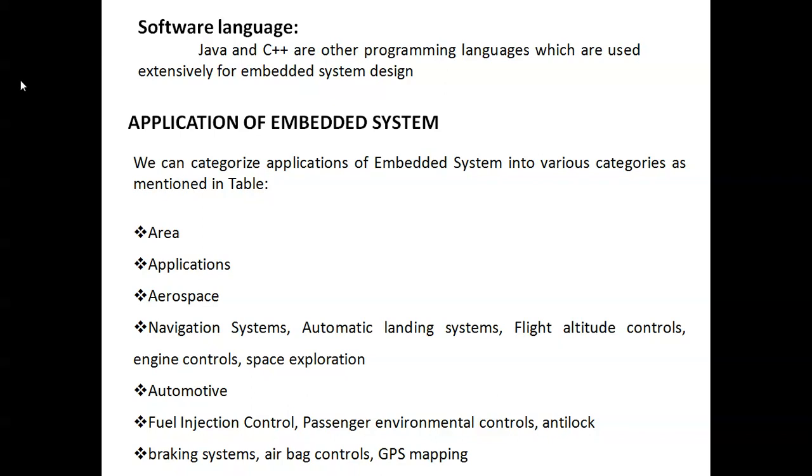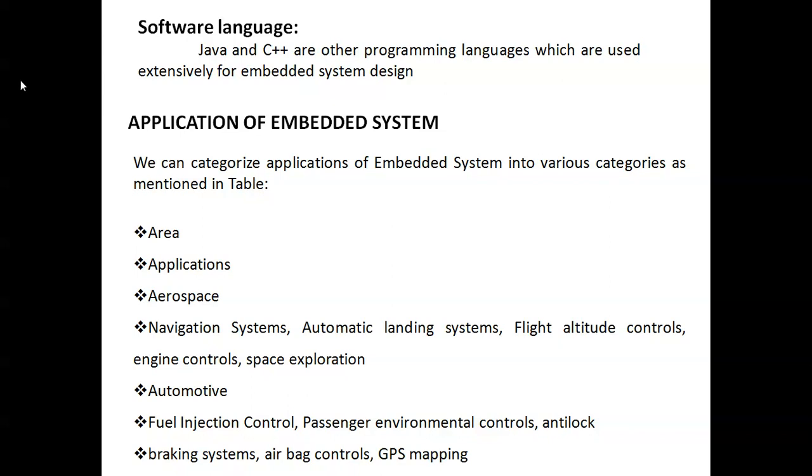Next one, applications of embedded systems. They are categorized in many areas. The first is aerospace applications: navigation systems, automatic landing system, flight attitude control, engine control, space exploration.